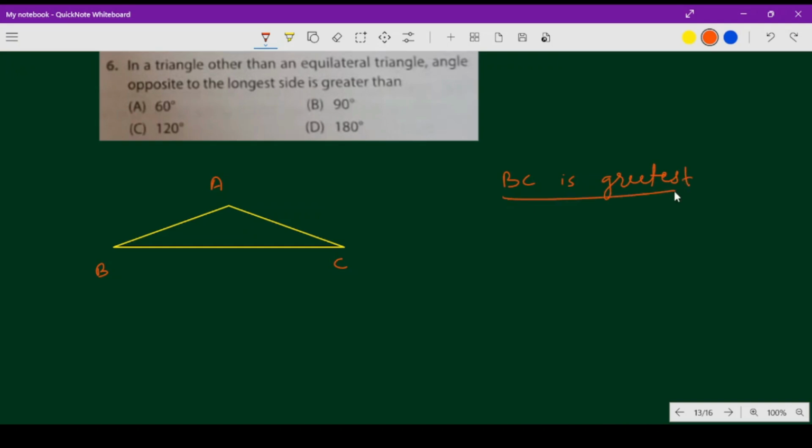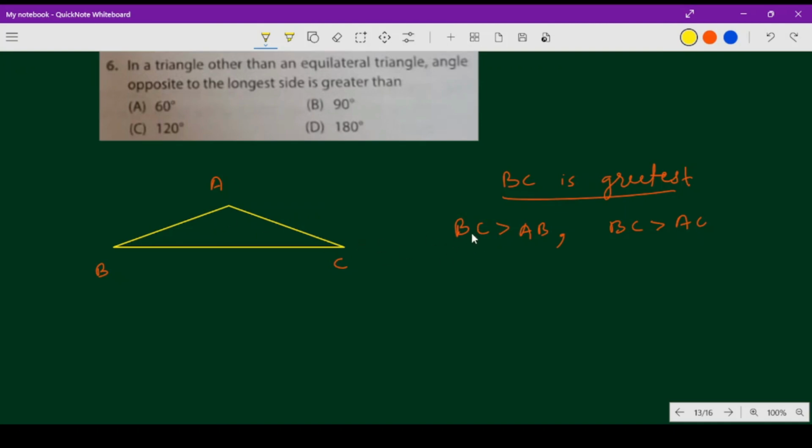So BC is greatest, which means BC will be bigger than the other two sides, AB and AC. So by the properties of inequality of triangle, the angle opposite the bigger side is bigger.